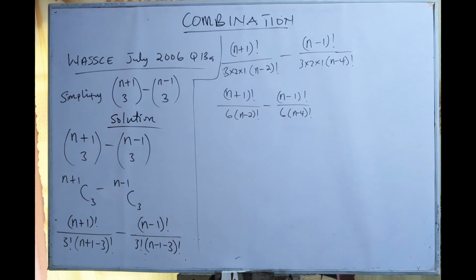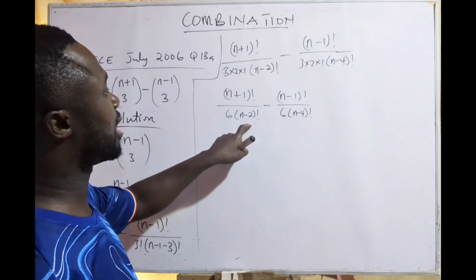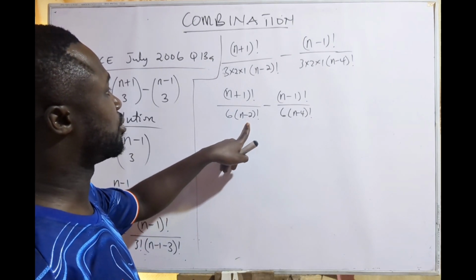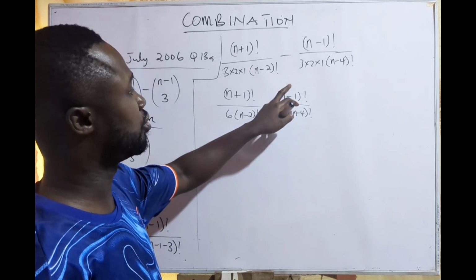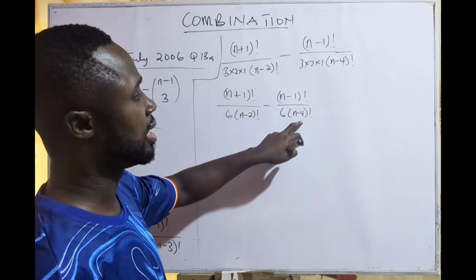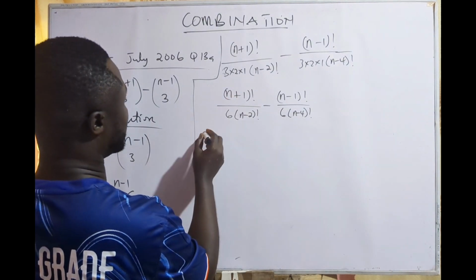Alright, so with this we have n plus 1 here, so let's write it in such a way that we can cancel the n minus 2, and n minus 1 factorial we write so that we can cancel the n minus 4, then we continue from there. Alright, so here can give us what?